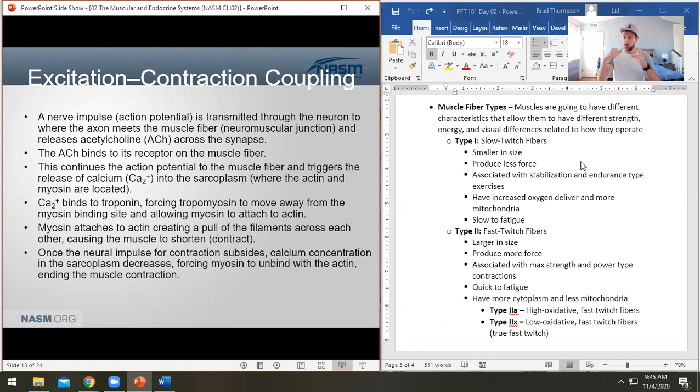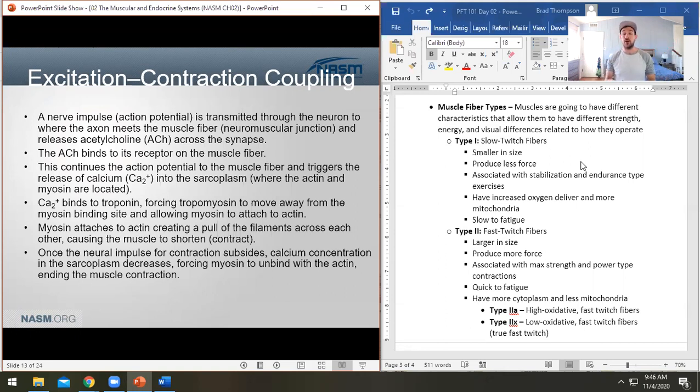It's the area where those two are meeting, a little gap like this. And then it's going to use acetylcholine, this little chemical, to run across that gap and bind to the muscle fiber. Acetylcholine binds, and that triggers an action potential, an electric signal to run across the muscle fiber itself.